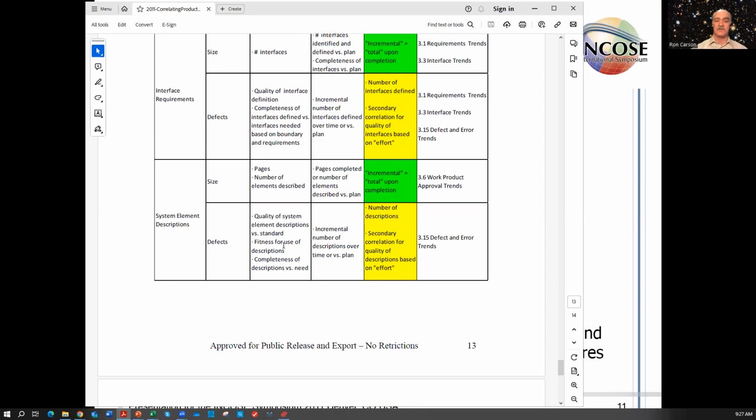System element descriptions, similarly, size in terms of number of elements and so forth, relatively straightforward, but quality of the system element descriptions versus a standard, and how would you correlate that to process? Much more difficult, other than the completion percentage, for example.